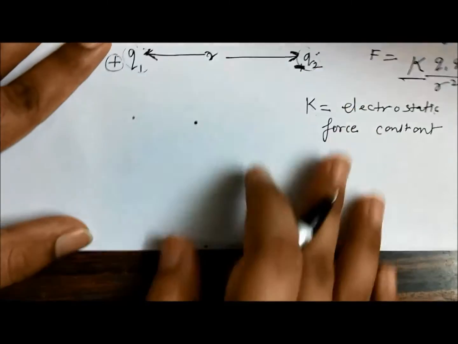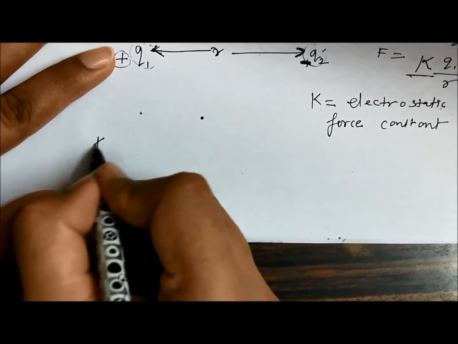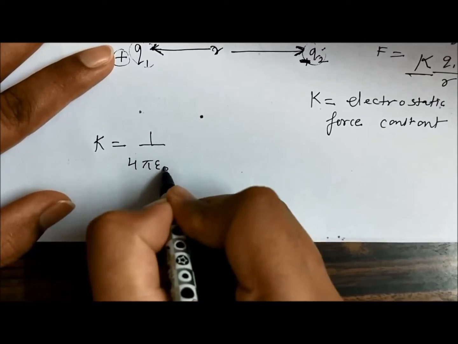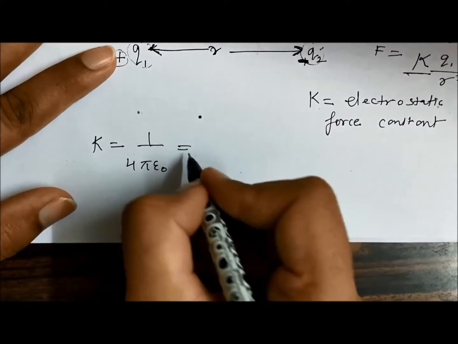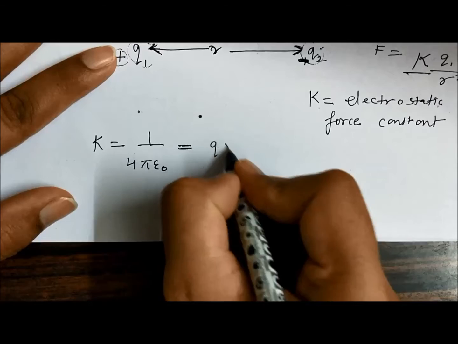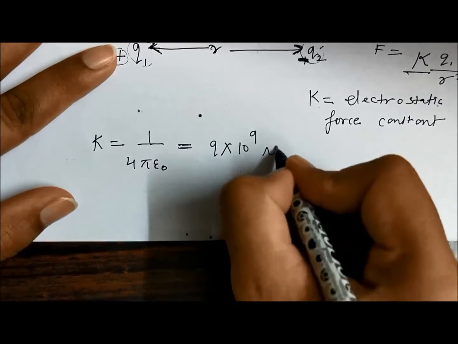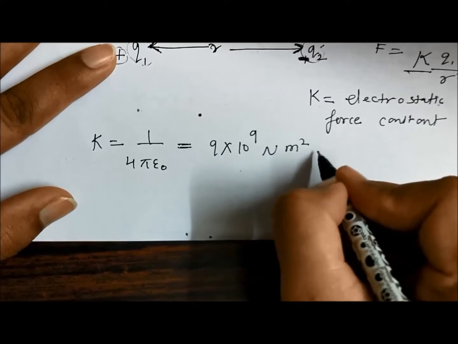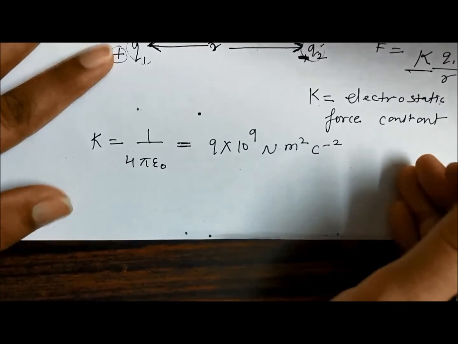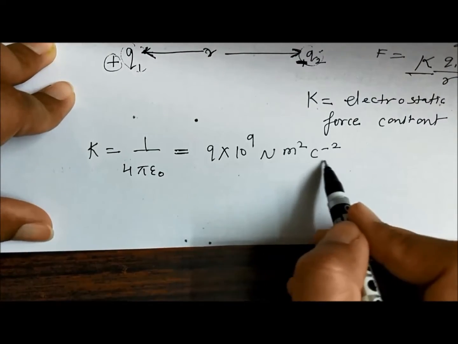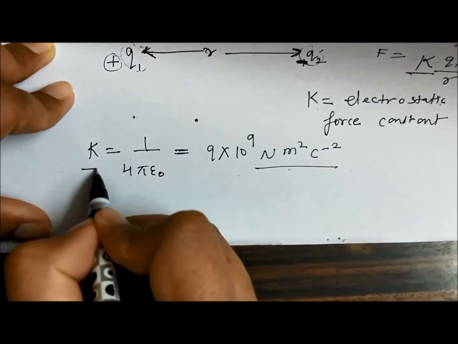Value of K will be equal to 1 upon 4 pi epsilon 0. When we calculate it, it will come out 9 into 10 raised to power 9 Newton meter square per Coulomb square. Newton meter square per Coulomb square is the SI unit of K.